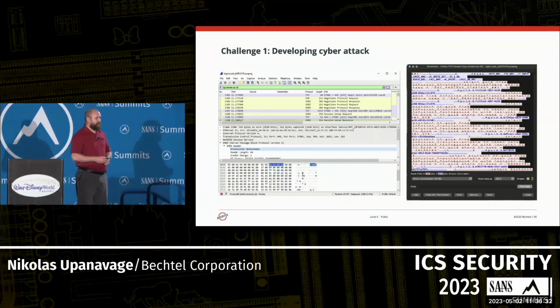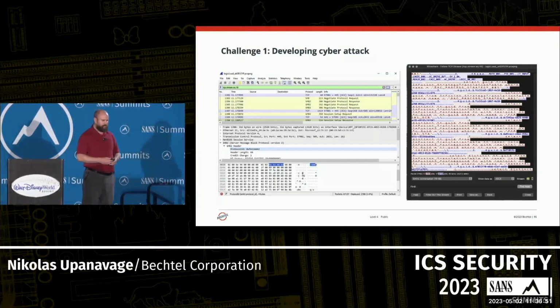But in our case, with our distributed control system, the first thing we realized and ran into was proprietary protocols. Most distributed control systems will have their own proprietary protocol that is specific to their system.